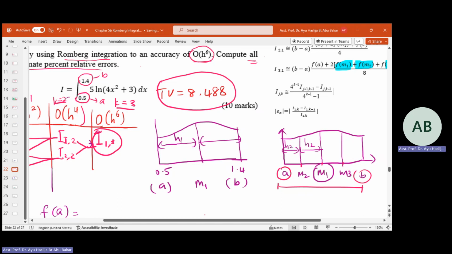A plus B over 2, that one to find M1. Okay, so to find M1 is h1. M1 here involves only 2 segments.